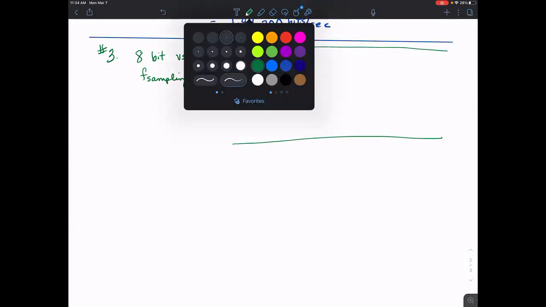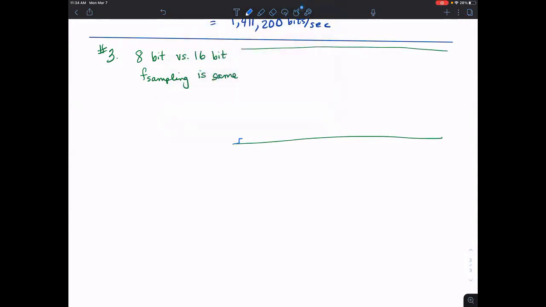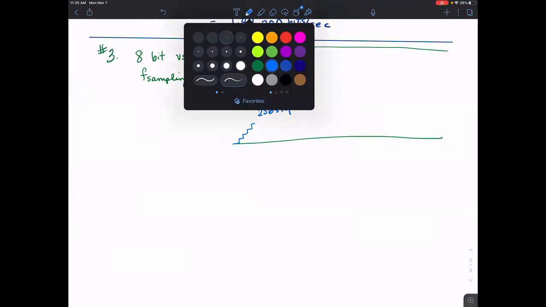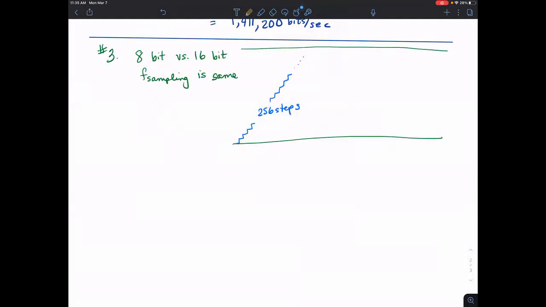Okay, then for the 8-bit, we get to have 256 steps going from there to there. Sorry, that's the 8-bit case. But for the 16-bit case, you get to have 2 to the 16th steps, whereas 256 was 2 to the 8th steps.